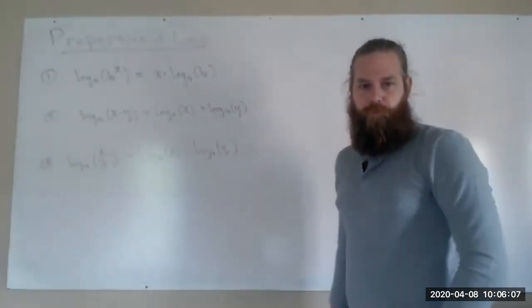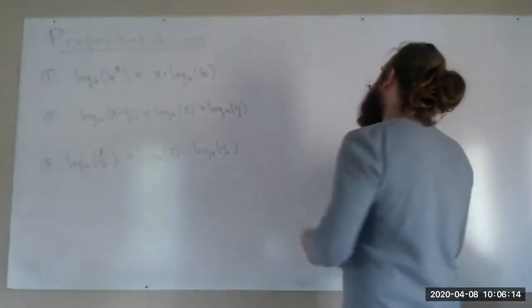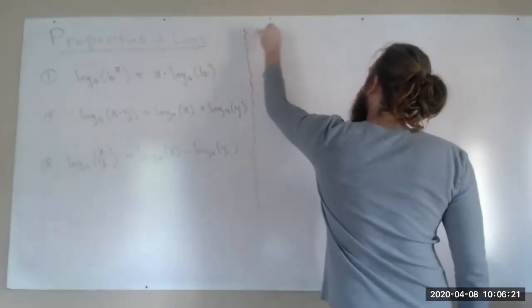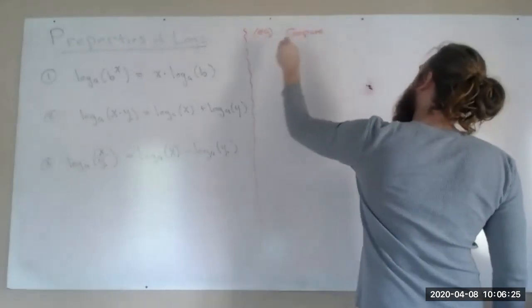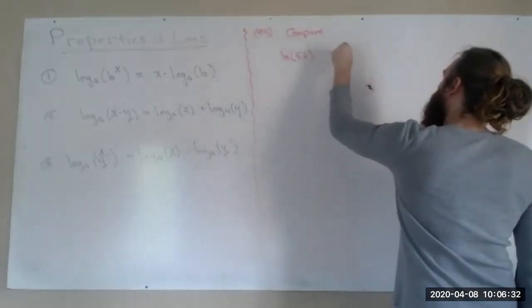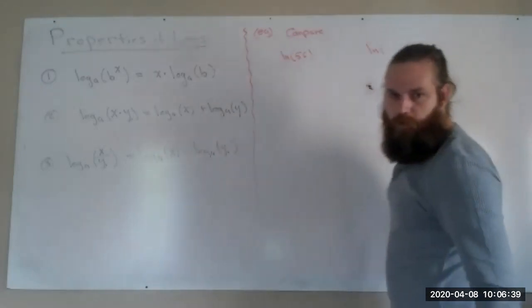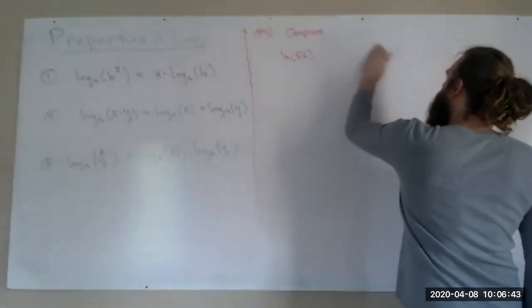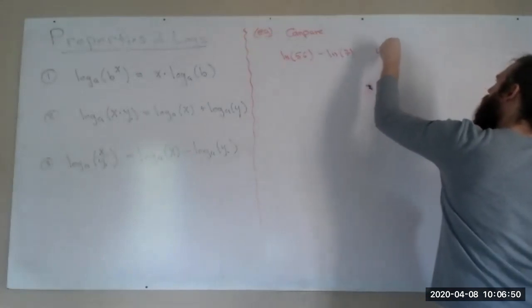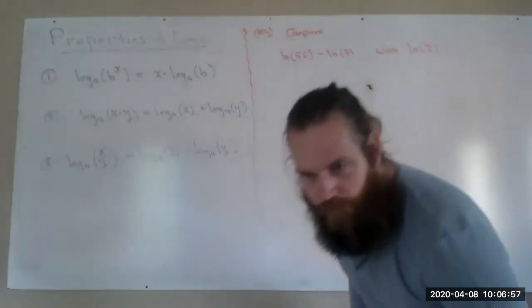This one. Example, we might want to compare ln 56 minus ln 7 to ln of 8.